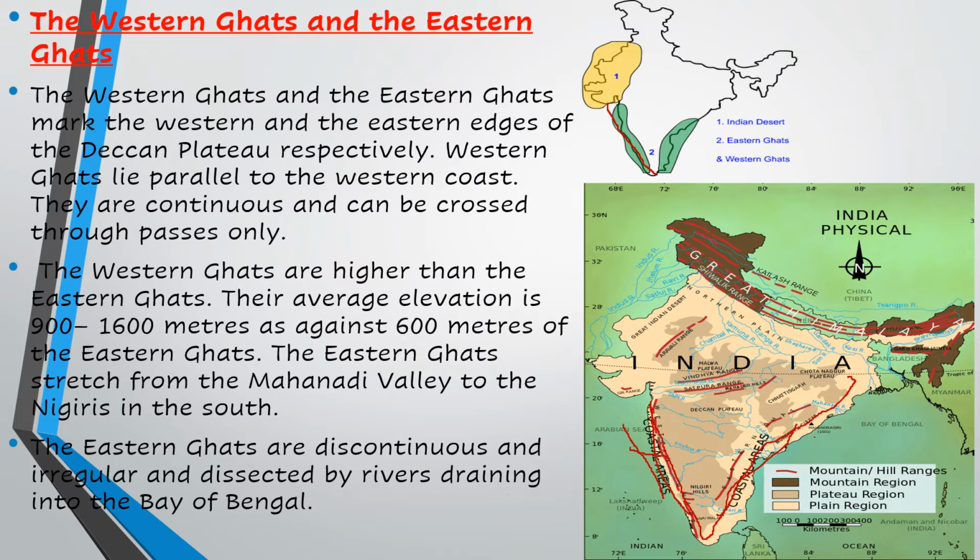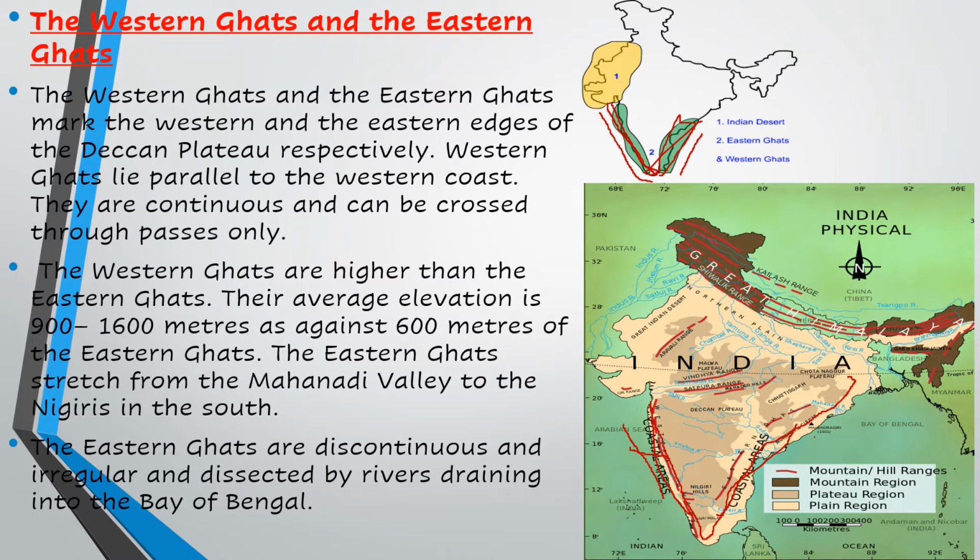You can see the variation. Their average elevation is 900 to 1600 meters as against 600 meters of the Eastern Ghats. So the Eastern Ghat is 600 meters, but the Western Ghats are from 900 to 1600 meters.